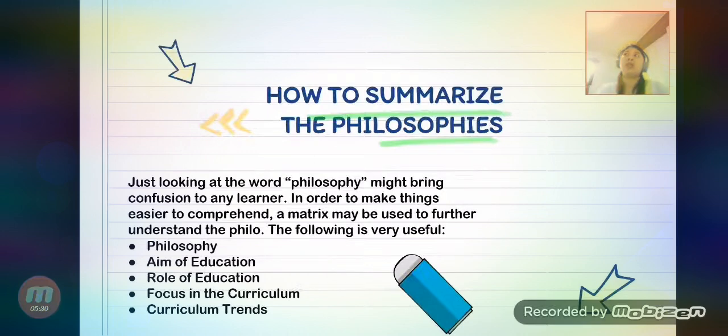When you create that matrix, you will see that there are similarities in the philosophies, but they differ in this part. So how can we do it? That matrix will be composed of the name of that philosophy, then the aim of education of that philosophy, the role of education, the focus in the curriculum, and also the curriculum trends. So we're looking at philosophy in a general aspect, not just at language.